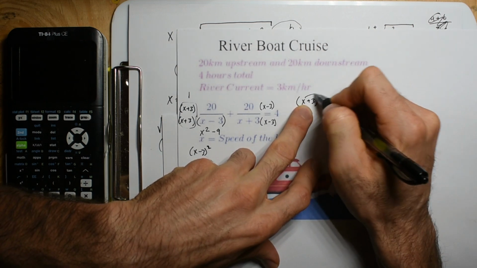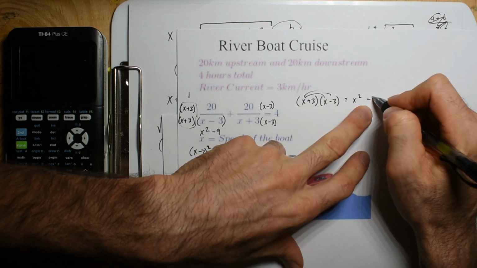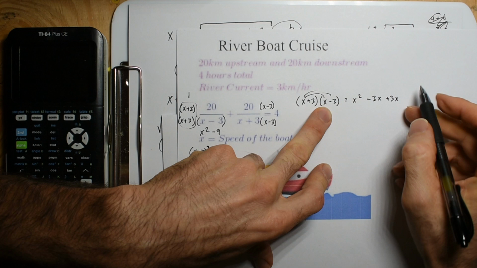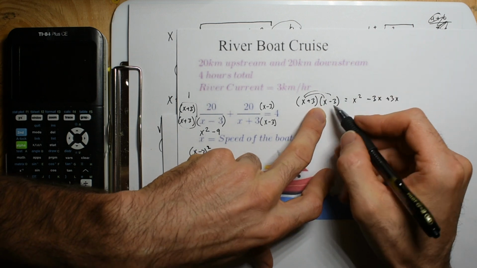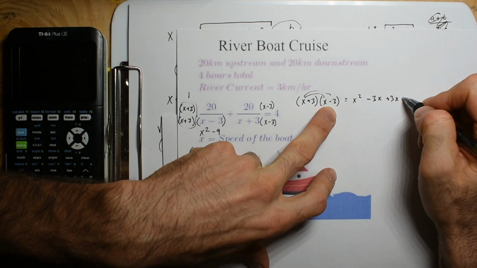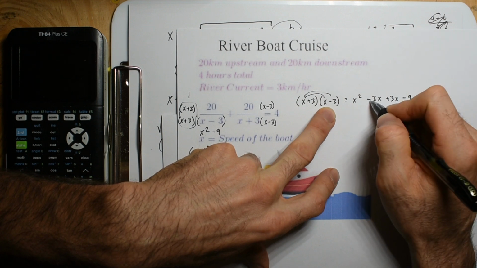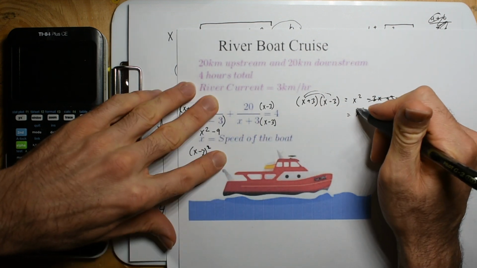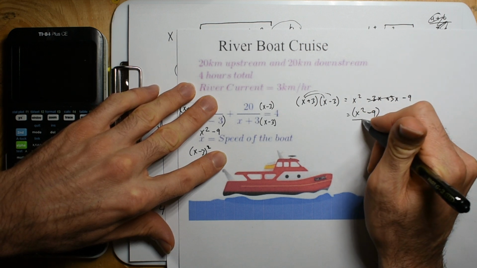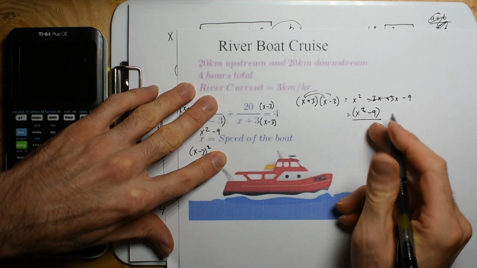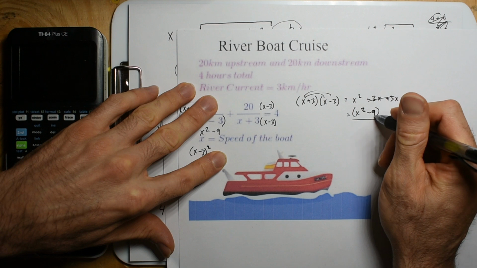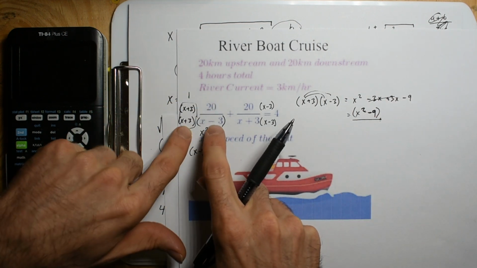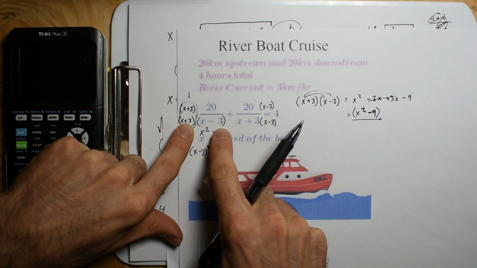We got x squared. Then I have negative 3x, and then I have plus 3x. Oh, cool, so those go away. I totally forgot. I don't do a lot of algebra. And then we got negative 9. So now we just have x squared minus 9. And now if I ever see this come up again, I can remember that if I have x squared minus a number, it could be any number, I could get it into a form that's x plus something, x minus something.